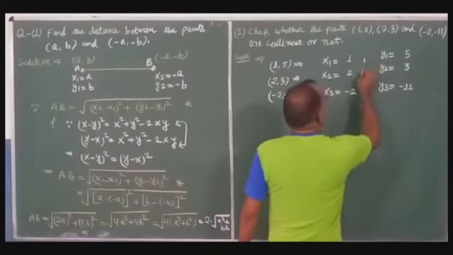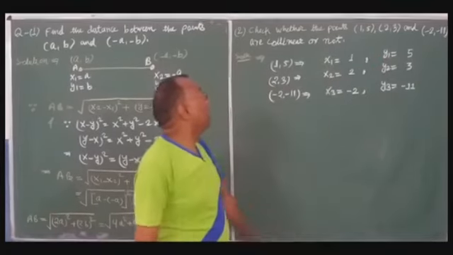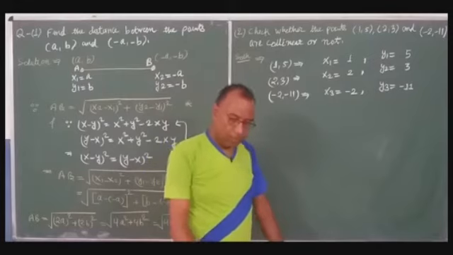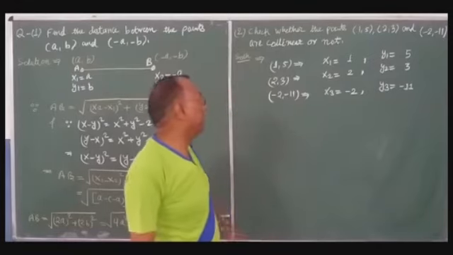For checking collinearity, we will find the area of the triangle formed by these 3 points.